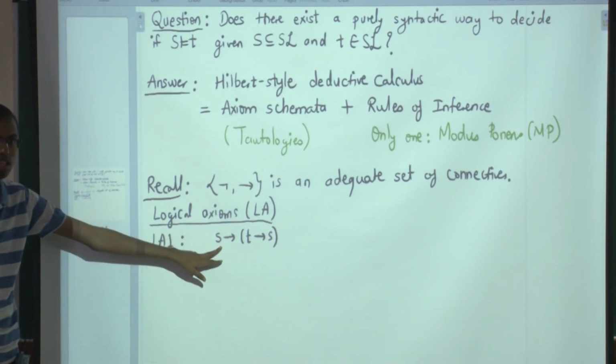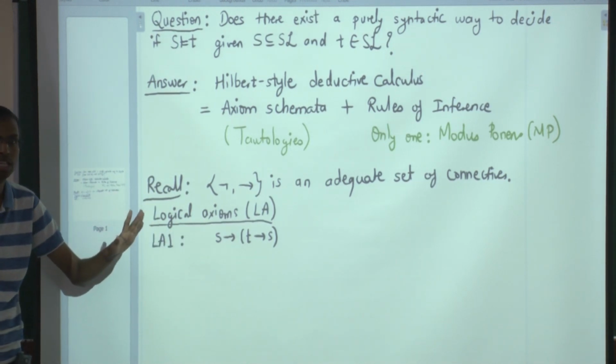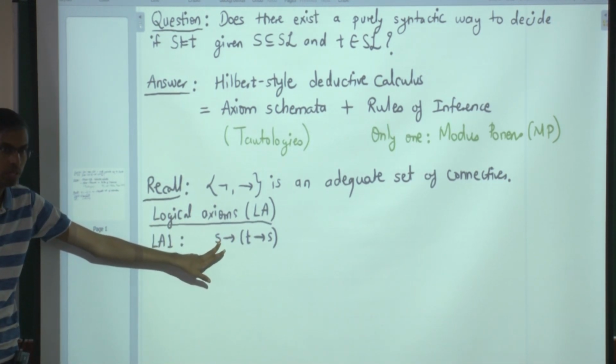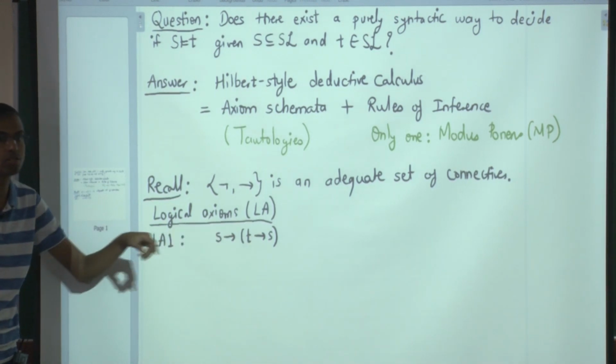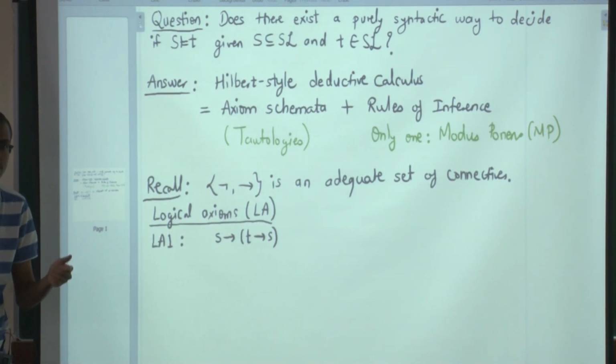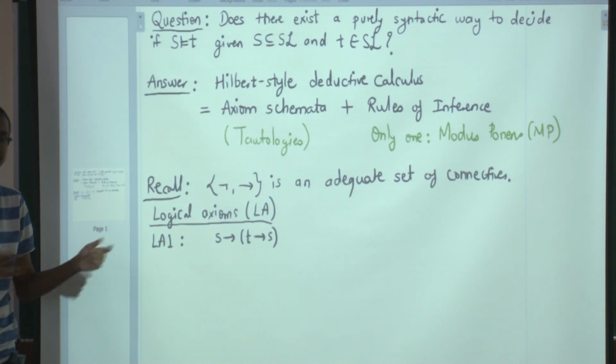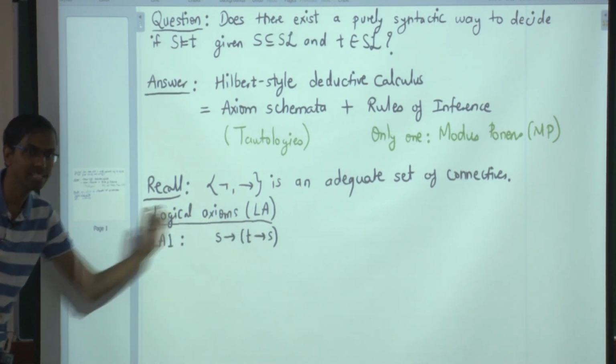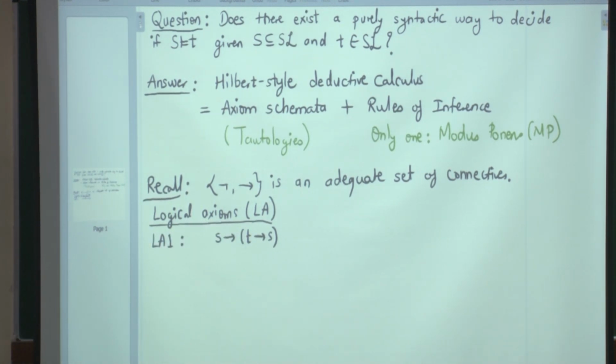If S is false, then false implies anything is true. If S is true, then anything implies true is true. So therefore the second part, T implies S, will be true. So this is actually a tautology.